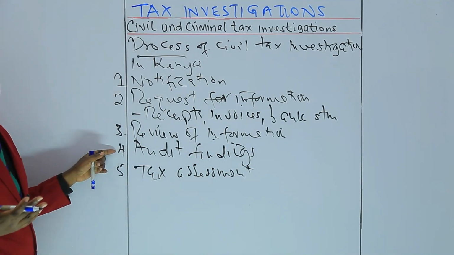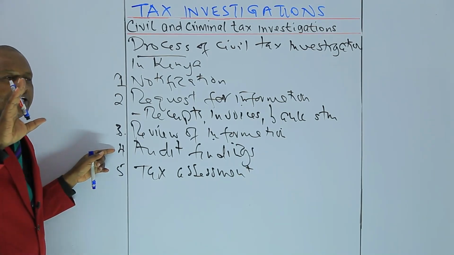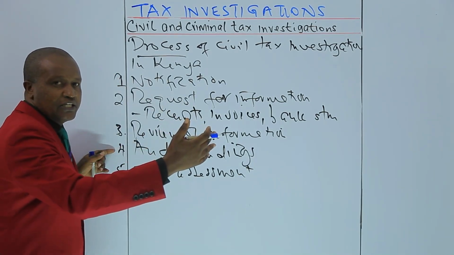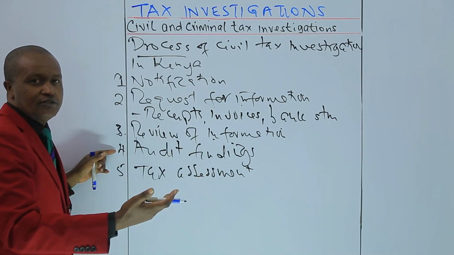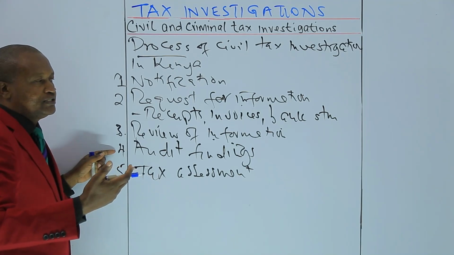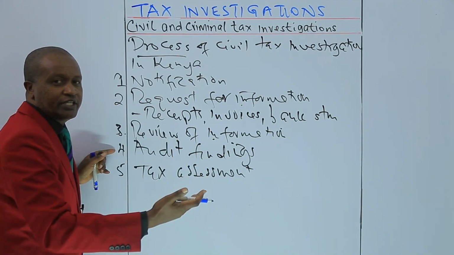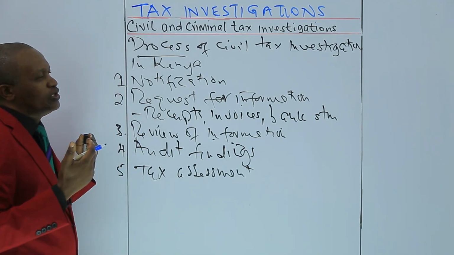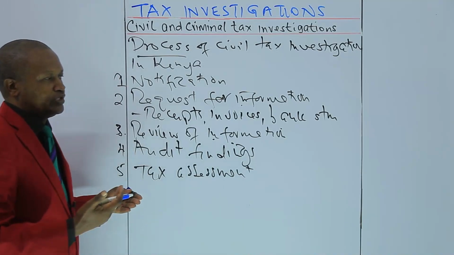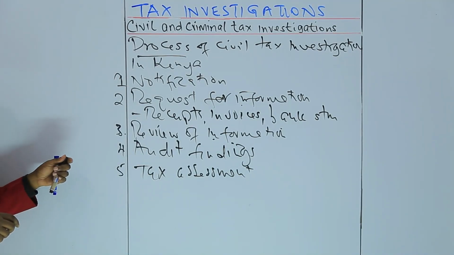Tax assessment. If the revenue authority determines that the taxpayer owes more tax, they'll issue a notice of assessment. Here, the taxpayer will then have an opportunity to object to the assessment if the taxpayer so wishes.